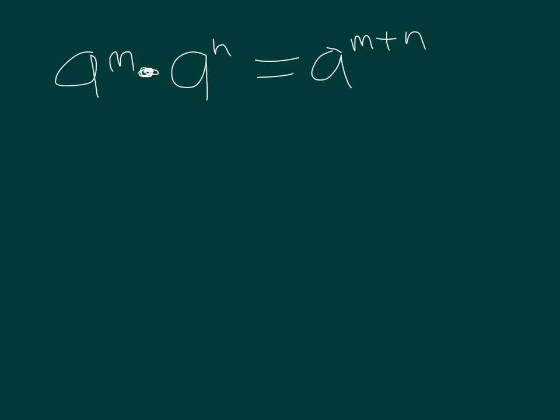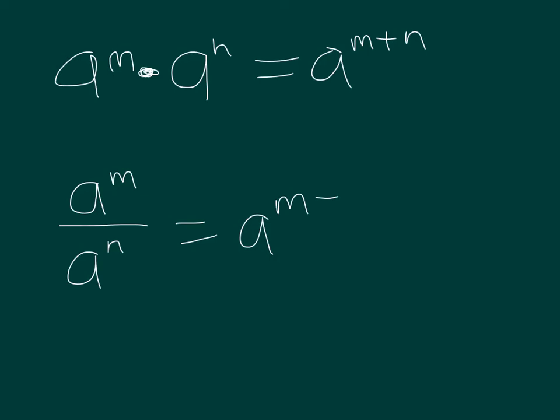That's on page 203. And then you'll see on page 204 another key concept, the quotient of powers. And that goes a to the m power divided by a to the n power equals a to the m minus n power.